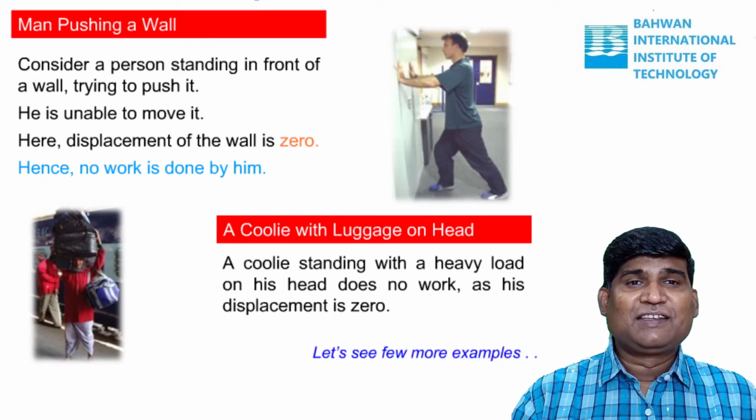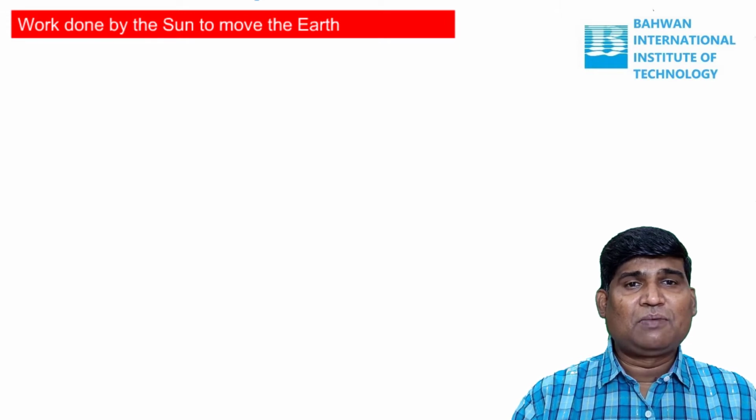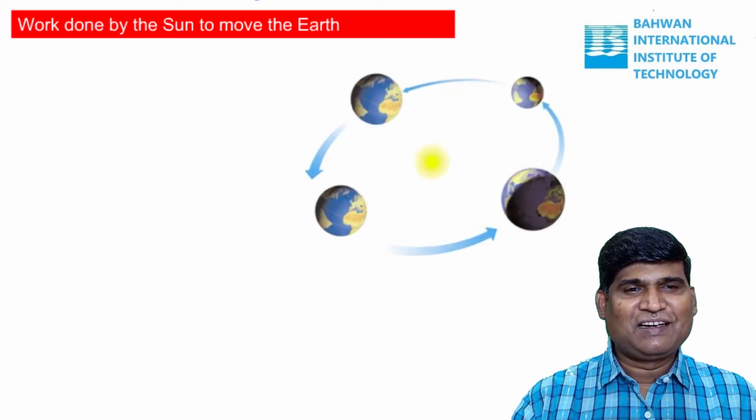We will see some more examples of zero work. So what are some more examples? When we talk about the motion of the earth around the sun, carefully observe the motion. We know our earth and all planets revolve around the sun, right?